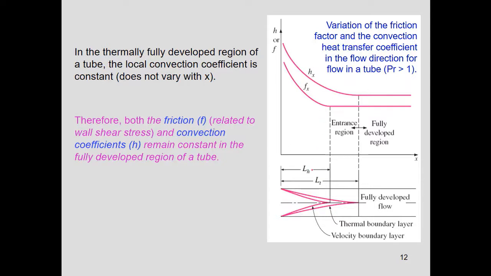Then, by knowing these lengths, we can find h, and we can assume h is constant. Also for friction we have the same trend: the friction for the fully developed region is constant. These two are important, and we can use these two assumptions for our calculation.